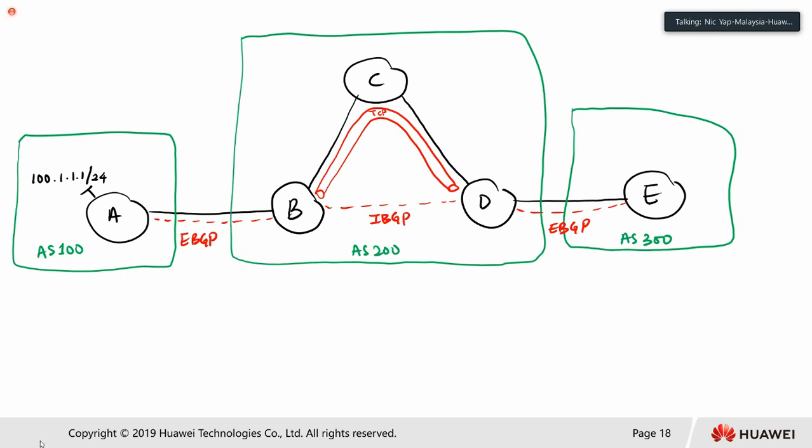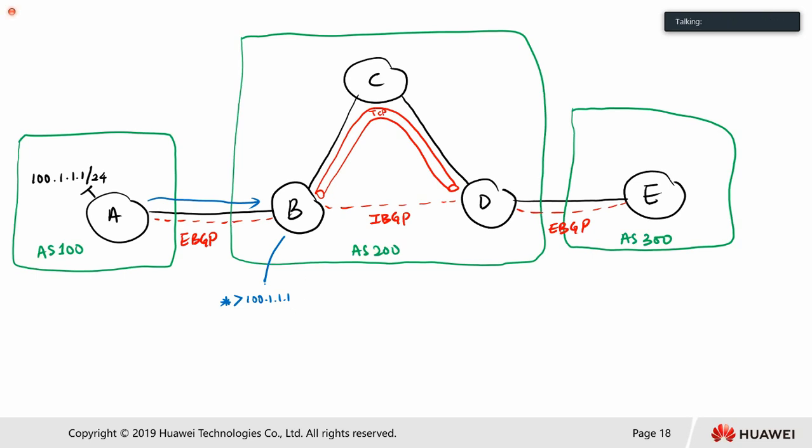Now the information advertising. Router A advertises 100.1.1.1 and sends it to router B. Router B receives this as the best valid route to 100.1.1.1, going through router A.